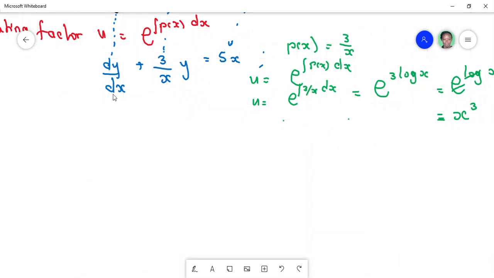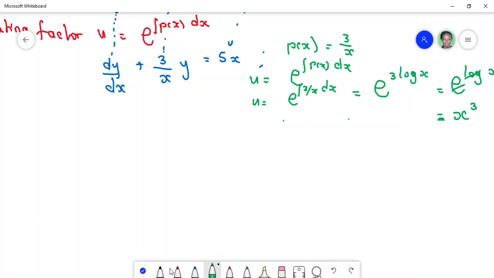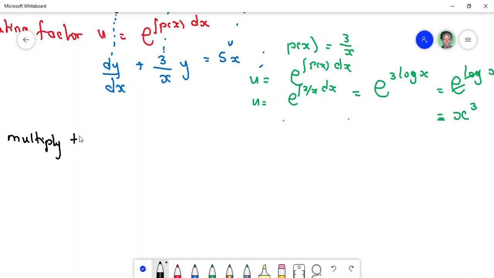What do I do to make the equation exact? I multiply through by the integrating factor, so we multiply through by x cubed.